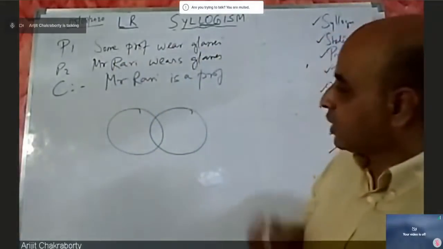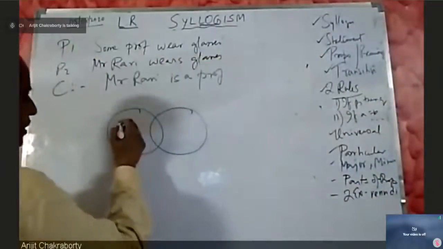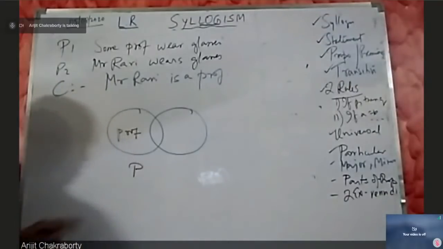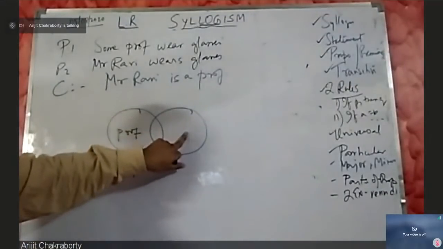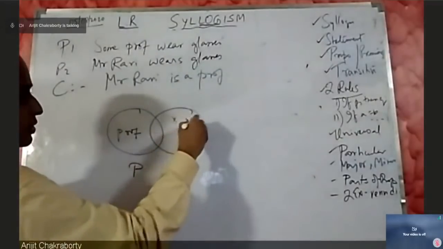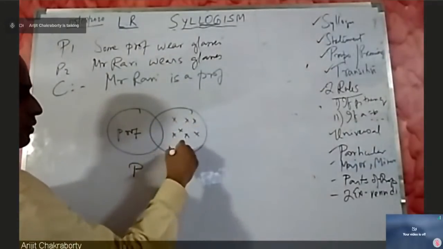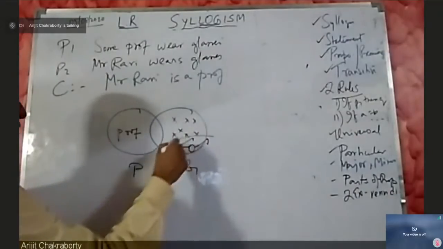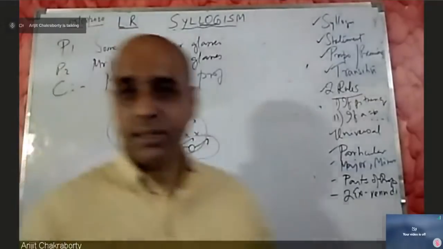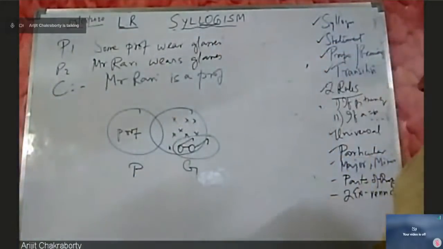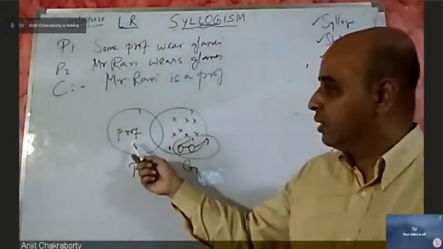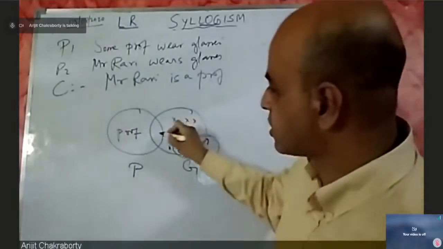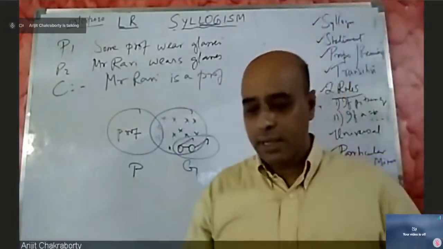This is the set of professors, P. And this one is glasses, G. I'm drawing it like this. So we have a set of professors P and we have a set G, which is people who wear glasses.